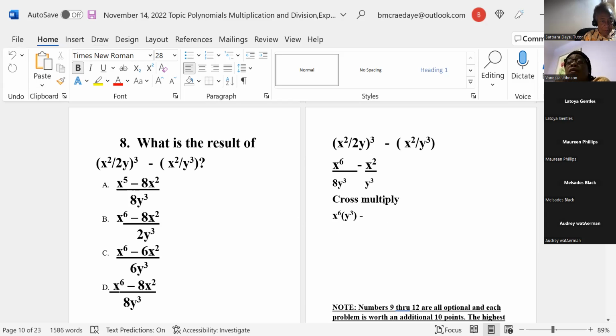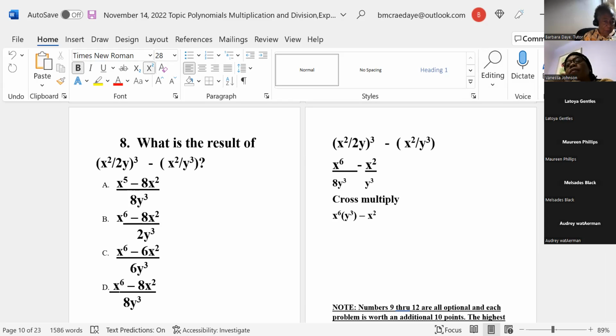Minus is x to the 6 times y to the third minus, now cross multiply, numerator times denominator. That would be x to the second, that's right. So times x to the second.